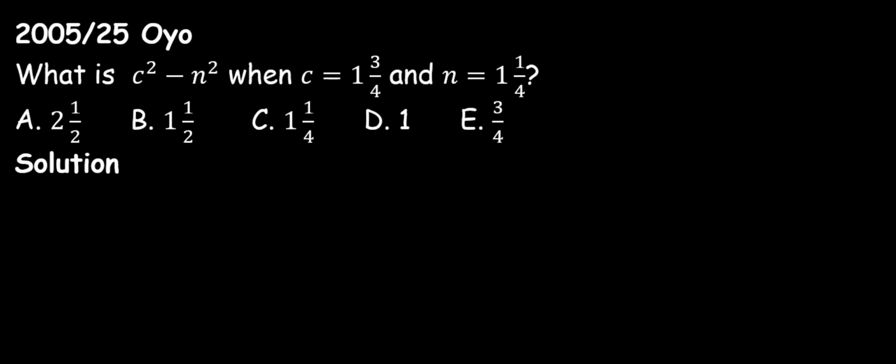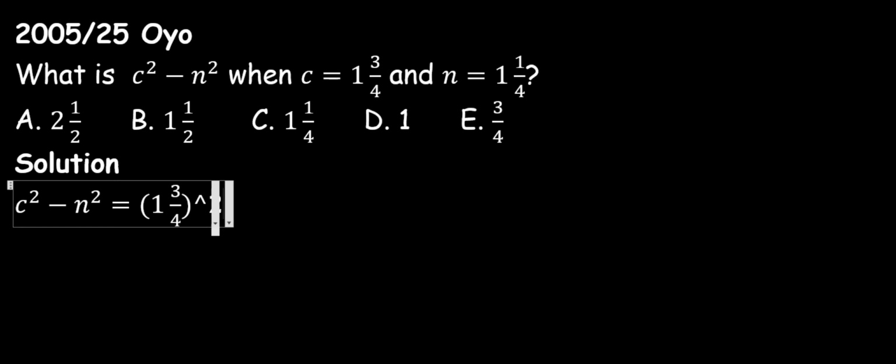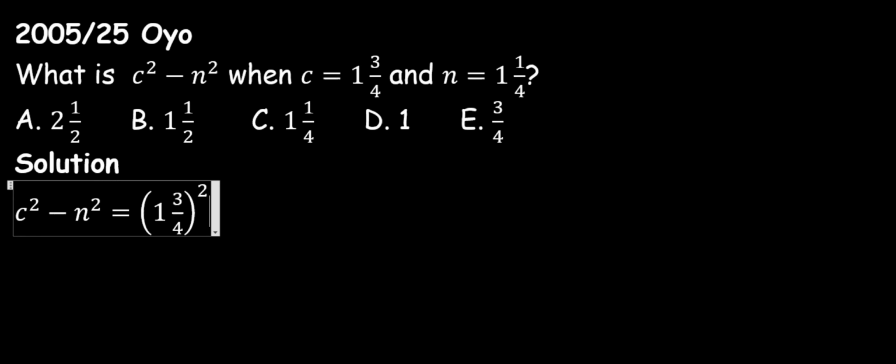Solution. C squared minus N squared. Substituting, we have (1 whole number 3 over 4) raised to power 2, that is square, minus (1 whole number 1 over 4) square.